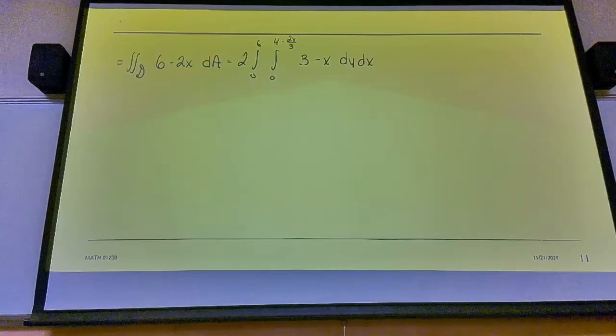Integral with respect to y is what? 4 minus 2x over 3, times 3 minus x. With respect to y, it's just that 4 minus 2x over 3, right? There is no y. That's nice. We love integrals like that.